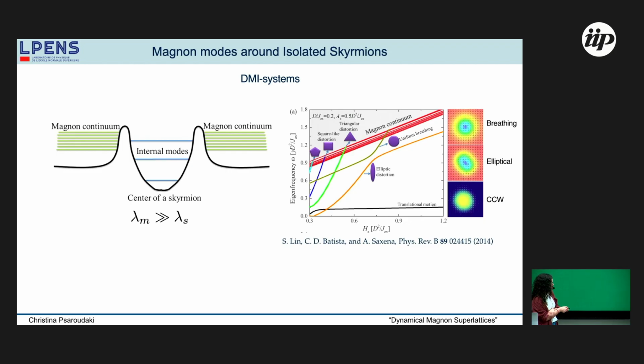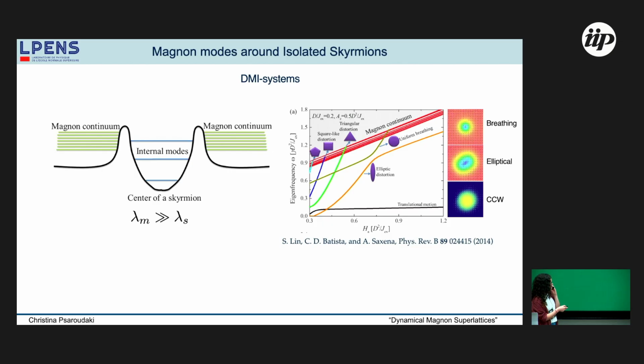We could have the most famous counterclockwise mode, which is the gyrotropic mode of the center of the skyrmion. We could have something elliptical, and the breathing mode, where the size of the skyrmion breathes. All of those modes typically exist below the magnon gap.